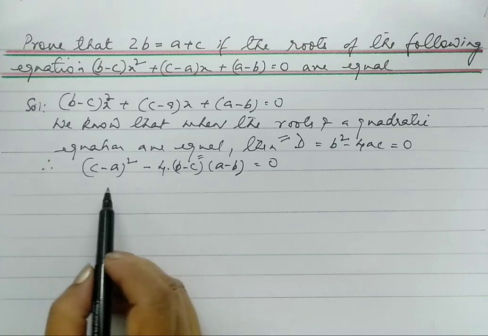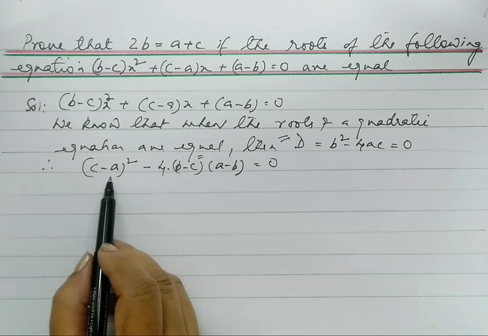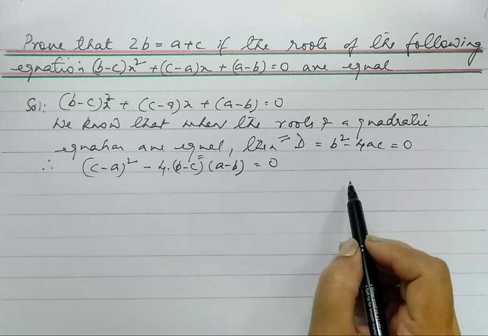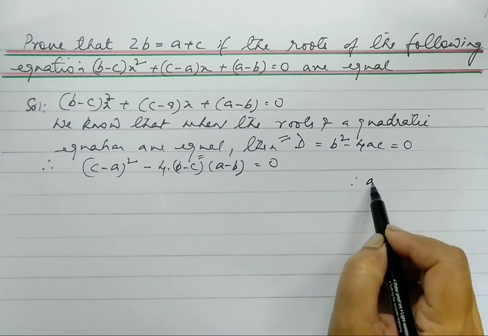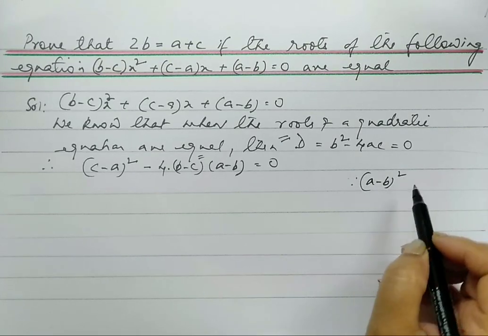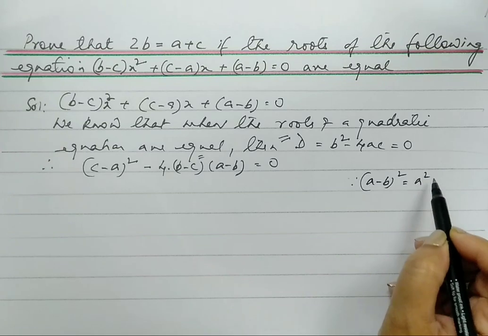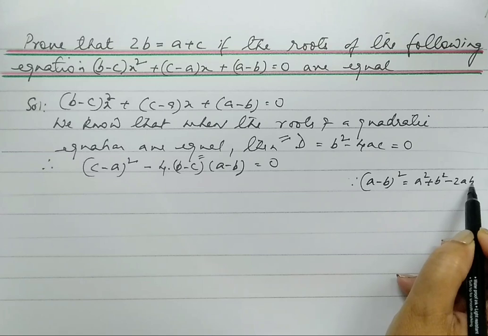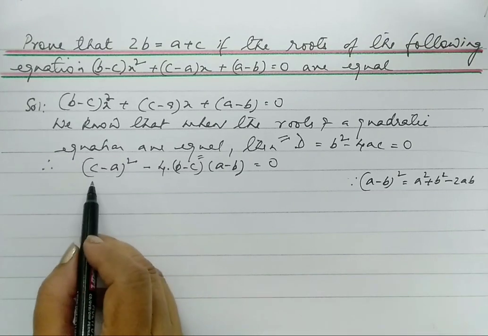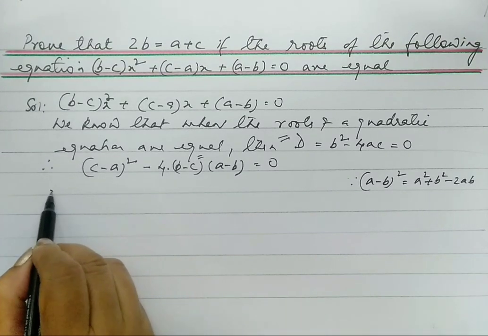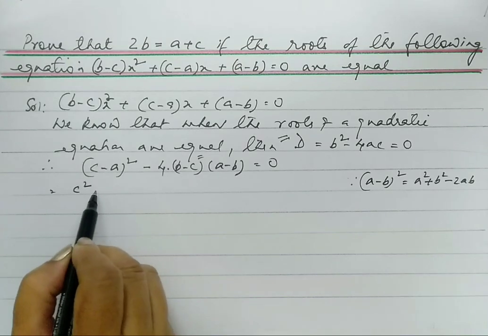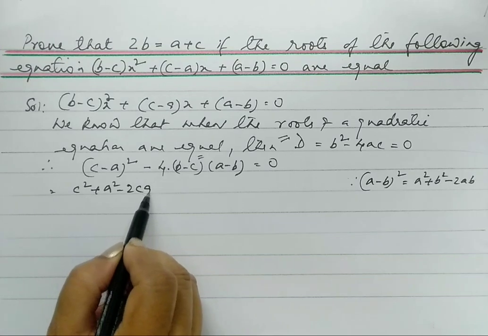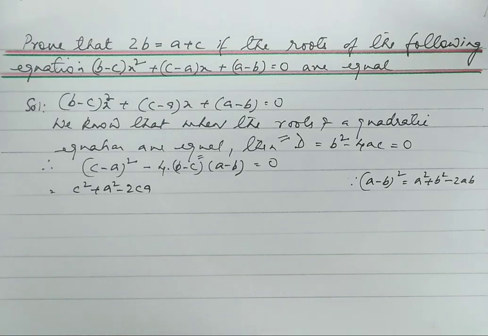Now let us expand this. Since (a minus b) whole square equals a square plus b square minus 2ab, we can do the same for this. So we get c square plus a square minus 2ca, right?